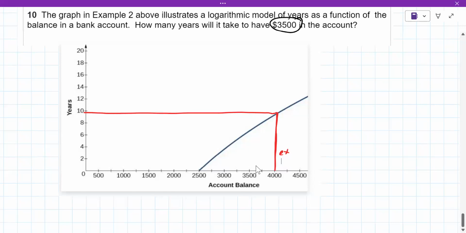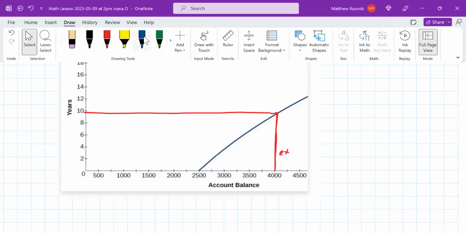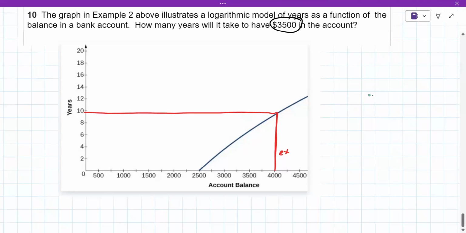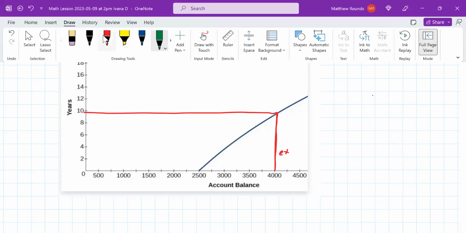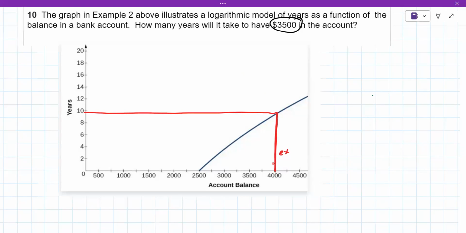You want to find that on the x-axis here, go up until you hit the curve, and then bounce straight left. The example is 4,000, and you can see it hits at about 10 years.